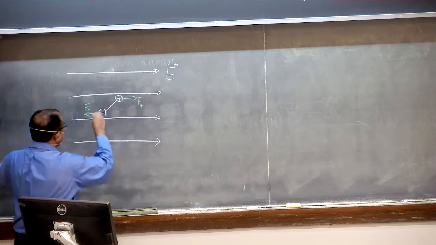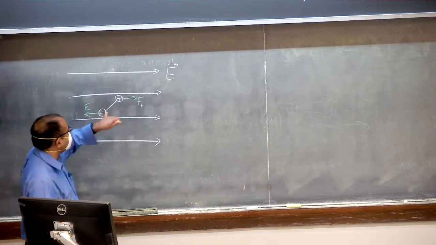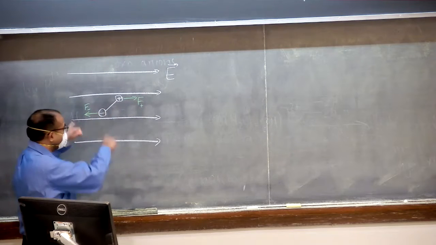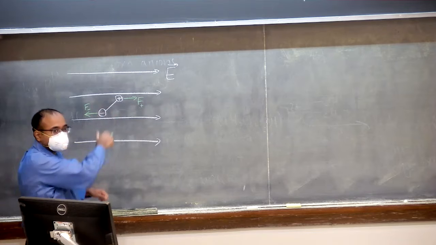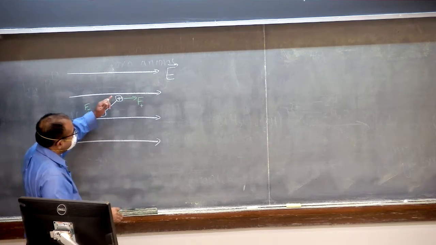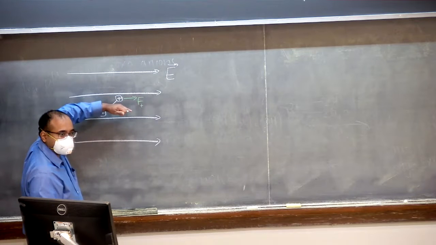Now, assuming this is a nice constant field, and we know by the definition of the dipole that the magnitudes of the charges are the same, and these forces have the same magnitude, but they're pointed in opposite directions. There is no net force, but there is this torque. And so what will happen? This dipole will rotate to like this.